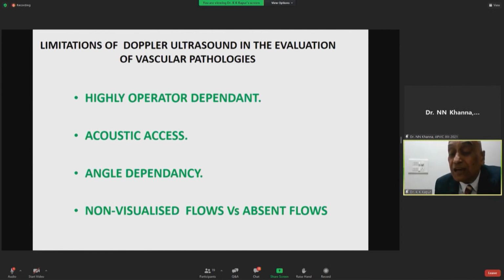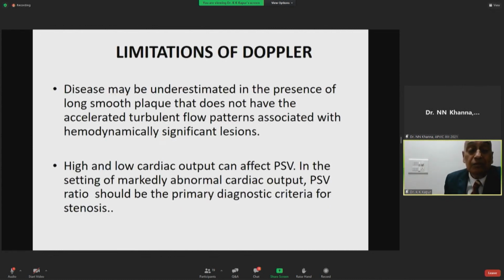That is the first axiom in Doppler that we teach our students, that non-visualized flows are not equal to absent flows in every case. The other limitation is that the disease may be underestimated in the presence of a long, smooth plaque that does not have the accelerated turbulent flow patterns associated with hemodynamically significant lesions.